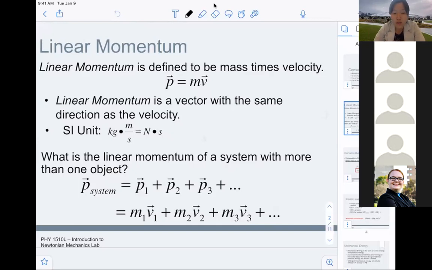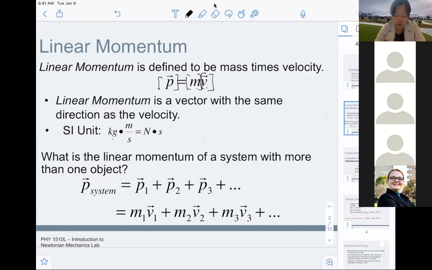In terms of the units, you can just do a dimensional analysis, where the unit of momentum is going to be the unit of the mass times the unit of the v, right? So put a little square bracket over the quantity, meaning that I'm looking at its dimension or its unit. So the unit for mass is kilograms.